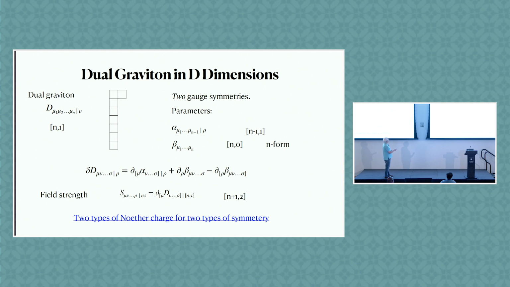This formulation, in fact, has two different gauge parameters. It's invariant under two gauge transformations. This has a Young tableau, and this is an N form. The corresponding field strength is invariant under both of these. And so there are two types of Noether symmetries, and so two types of electric Noether charges for this theory.